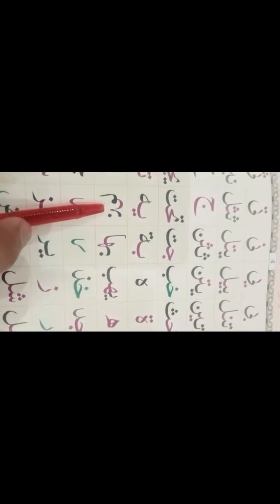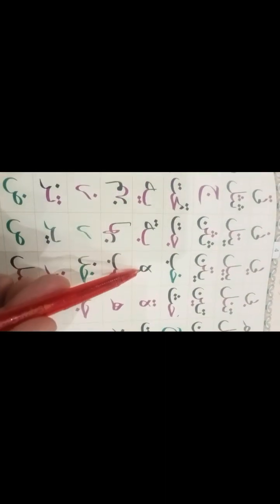It looks like the first written form of ha, with a little bit of difference, ba ha alif. And the next is ba ha mim, ba ha mim.